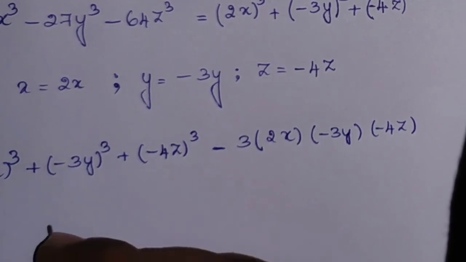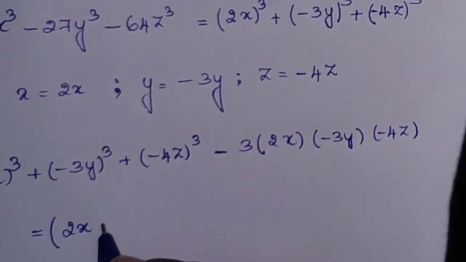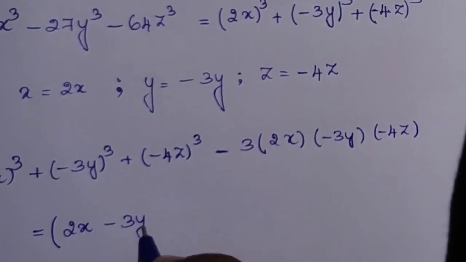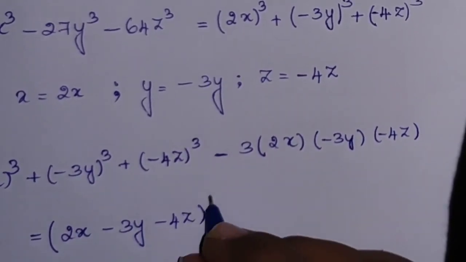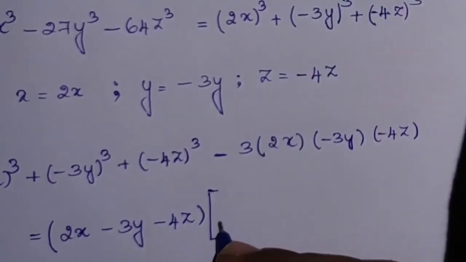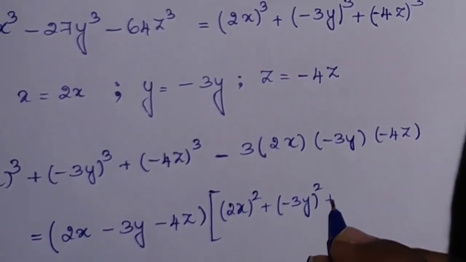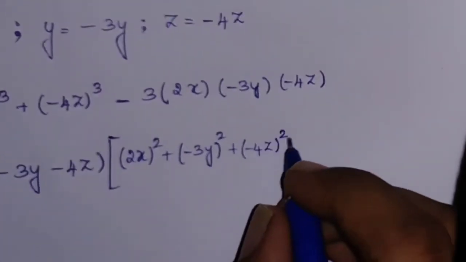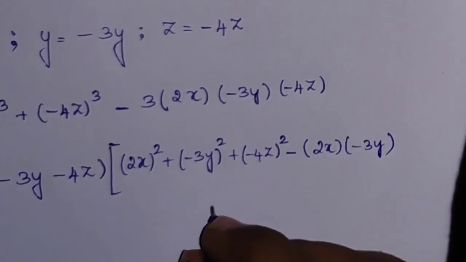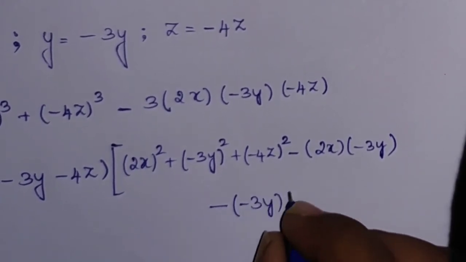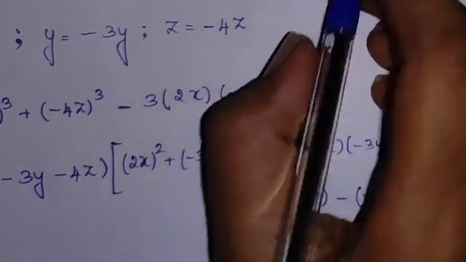So it is equal to x plus y plus z: 2x plus minus 3y plus minus 4z, into x square plus y square plus z square, so 2x the whole square plus minus 3y the whole square plus minus 4z the whole square, minus x into y, 2x into minus 3y, minus y into z, minus 3y into minus 4z, minus z into x, minus 4z into 2x.